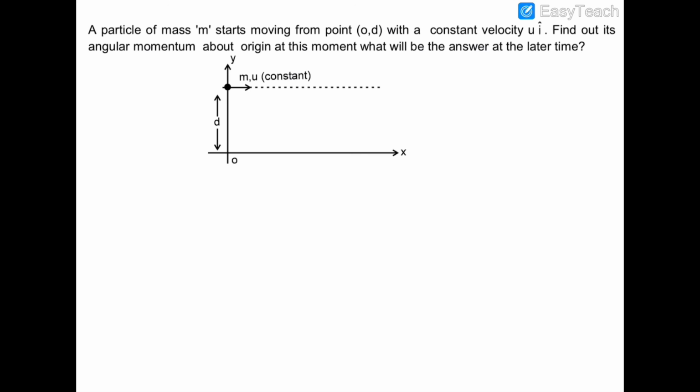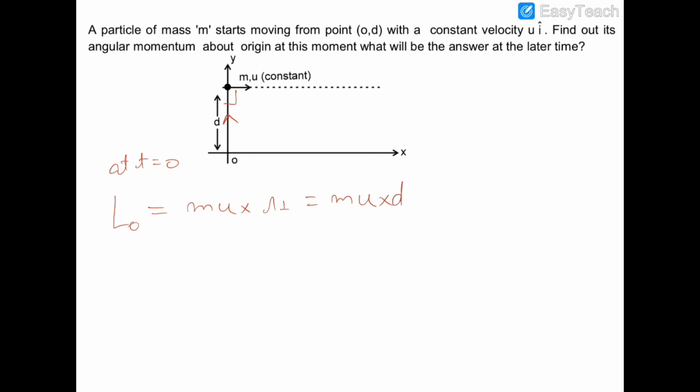The angular momentum of this particle about the origin at t equal to 0 will be mu into r perpendicular. Now the perpendicular distance of the momentum vector from the origin is d itself, you can see. Then the angular momentum will be mu into d.